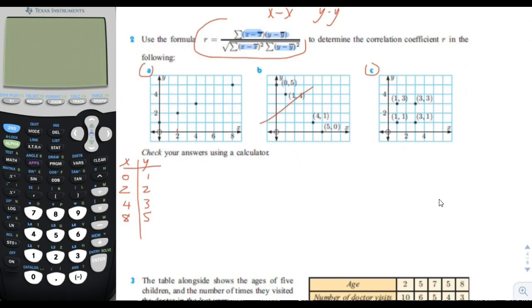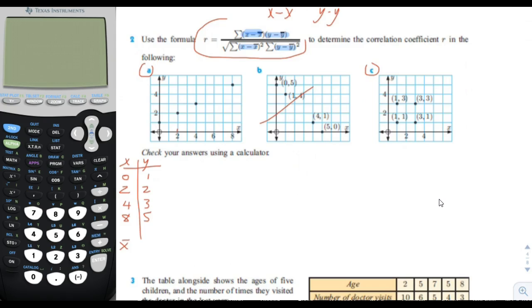And then what I'm going to do, of course, is figure out what the average value is. So x bar. What is x bar? X bar is 8 plus 4 plus 2 plus 0, which is 14. And I'm going to divide 14 by 4 because I have 4 values. So the average would be all of them added together and divided by 4.